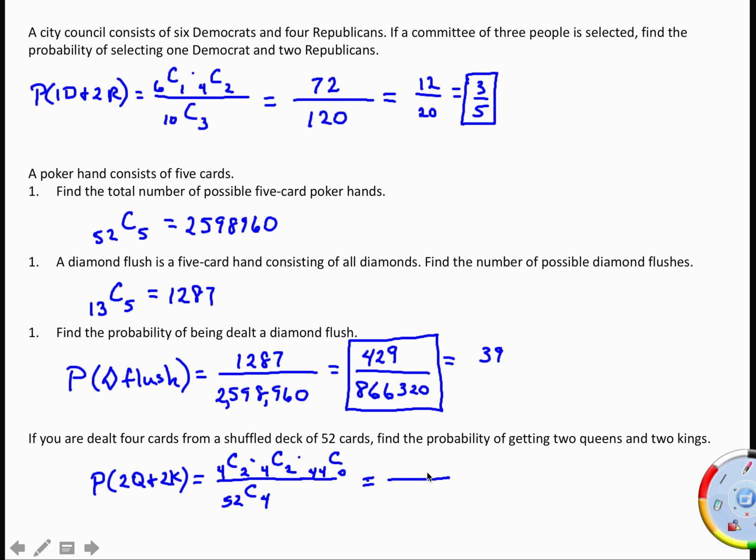So let's see what our numerator is. 52 choose 4 is 270,725.